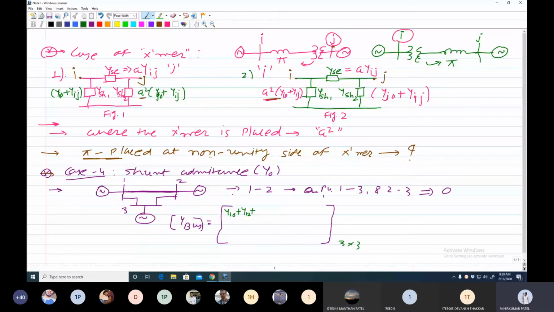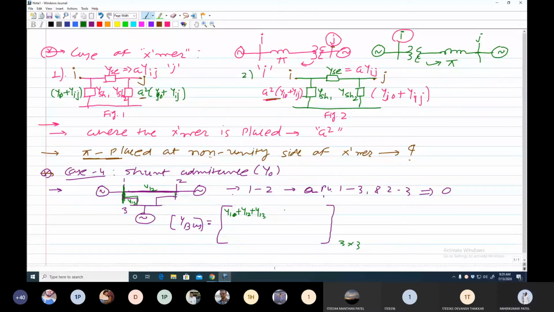It is very easy. Bus number 1 is connected to bus number 2, that is Y12, and to bus number 3, that is Y13. And Y10 means the shunt admittance connected to bus number 1. So it is Y10, Y12 and Y13.